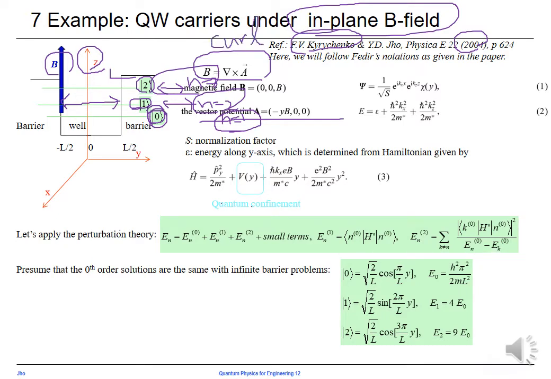This is curl A, which you probably know. And this A, the vector potential, can be calculated like this.